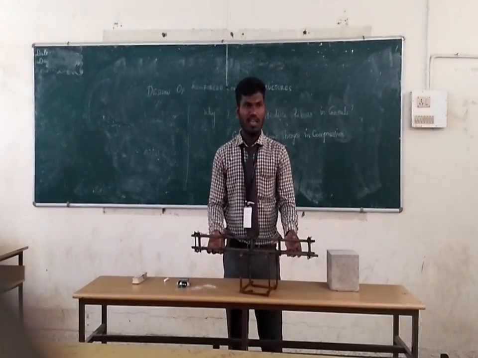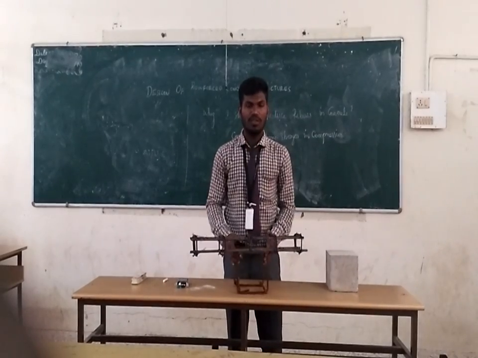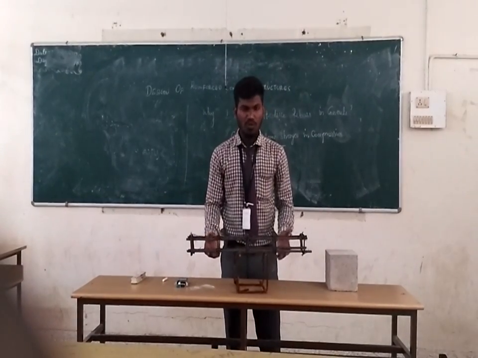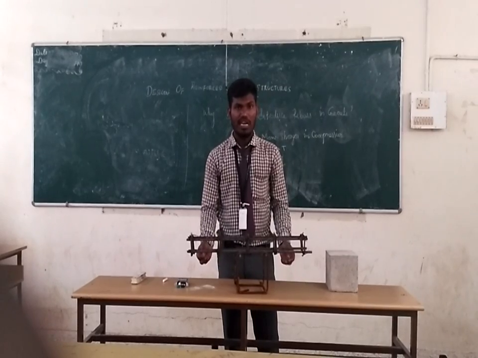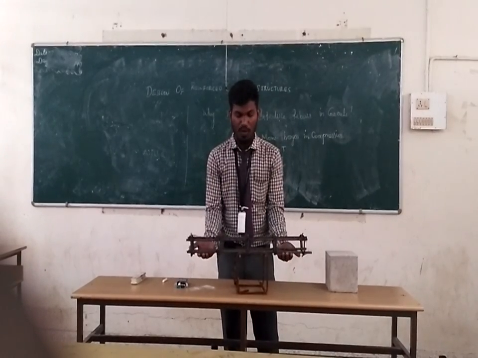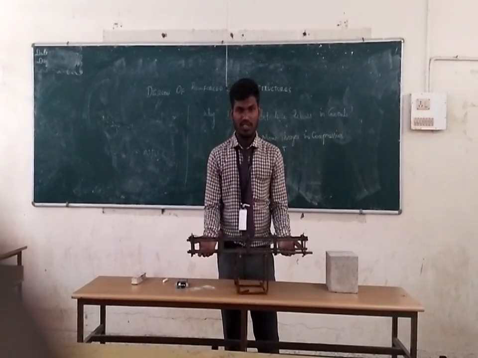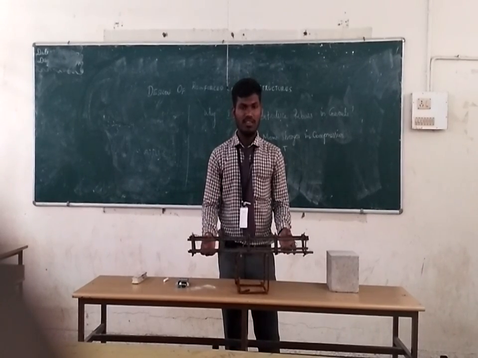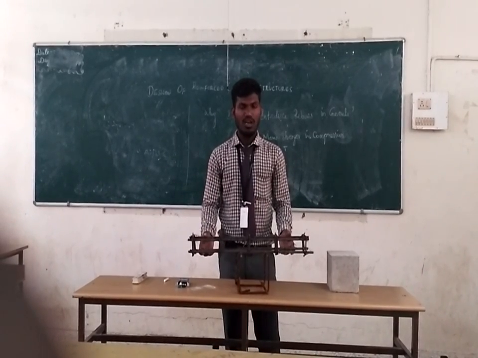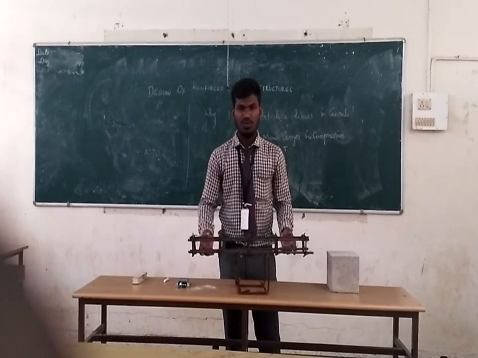So to reduce that, from a safety point of view, we have to carry the tensile force introduced at the bottom of the concrete section. That is the main reason we incorporate steel into the concrete.